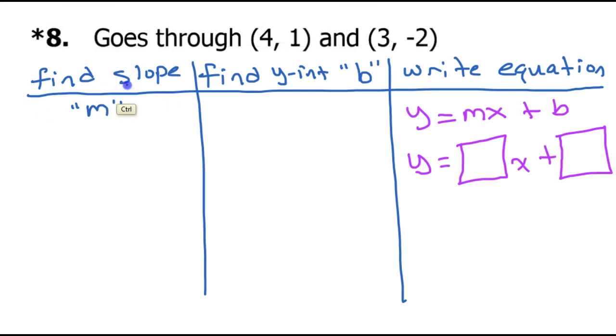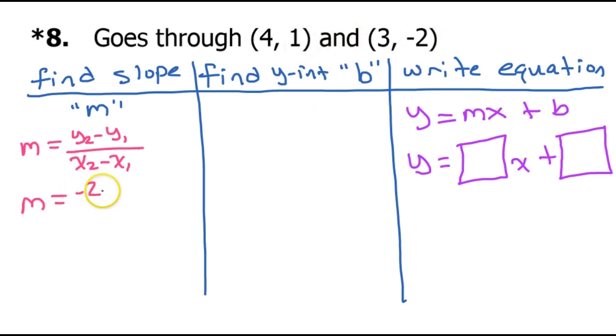Okay, how do I find m? Well, the slope is equal to y2 minus y1 over x2 minus x1. So that means the slope is going to be, okay, -2 minus 1. That's y2 minus y1.